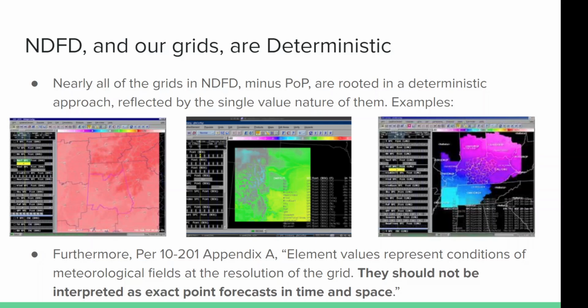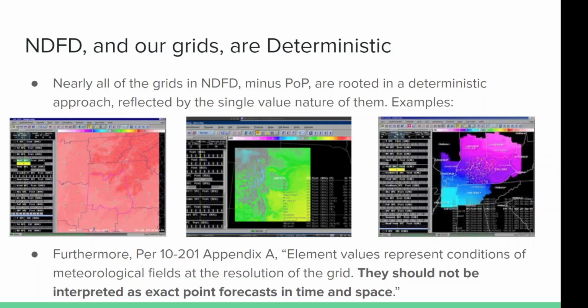But there is an important point, as stressed by the NDFD directive, that the values represent each grid box, not exact point forecasts. So even with the 2.5 kilometer grid spacing, there can still be huge differences across a single grid box, such as in areas of terrain, along mesoscale boundaries, and near bodies of water.